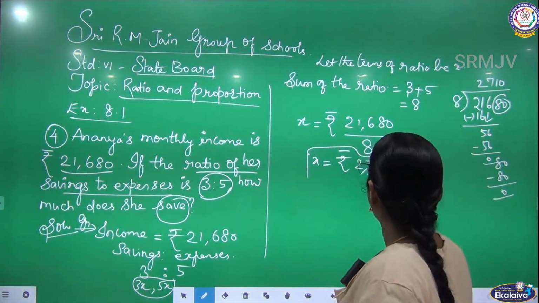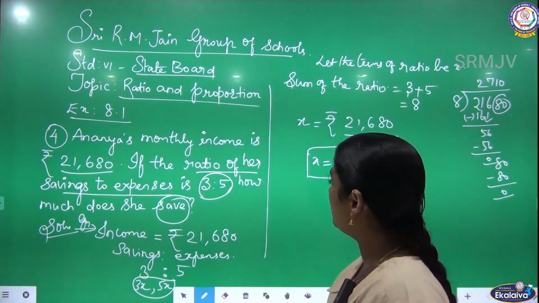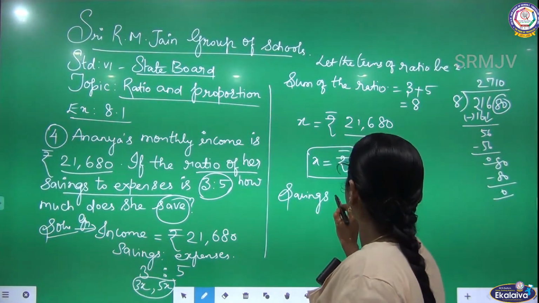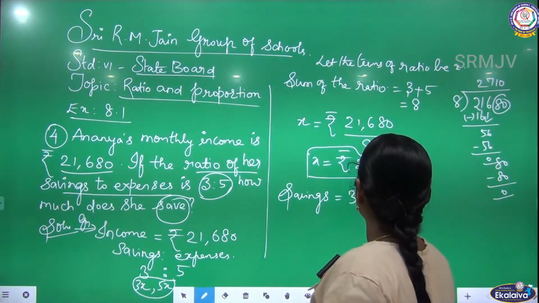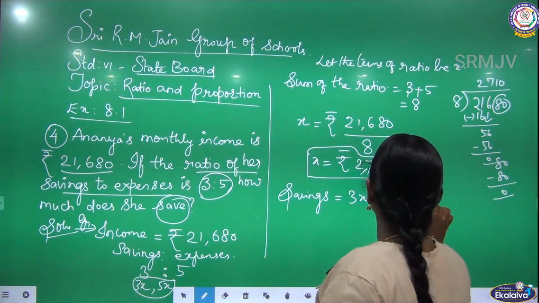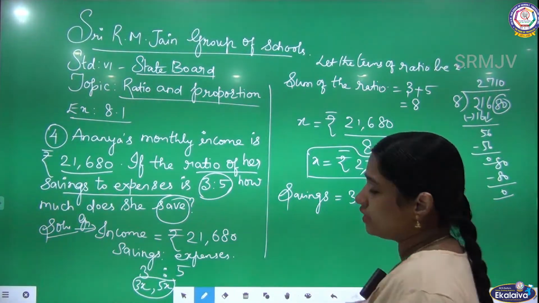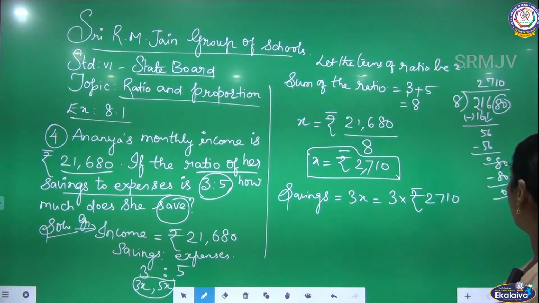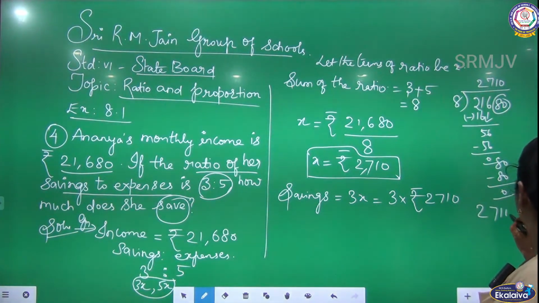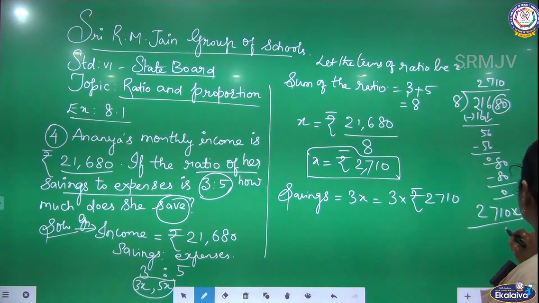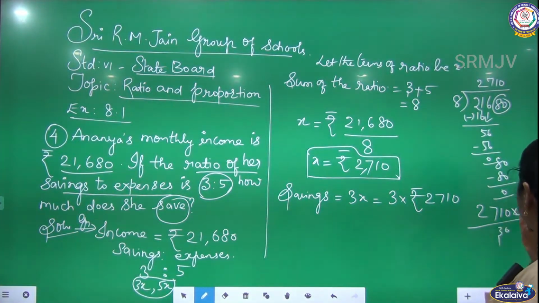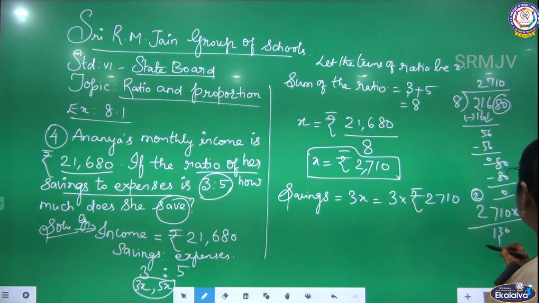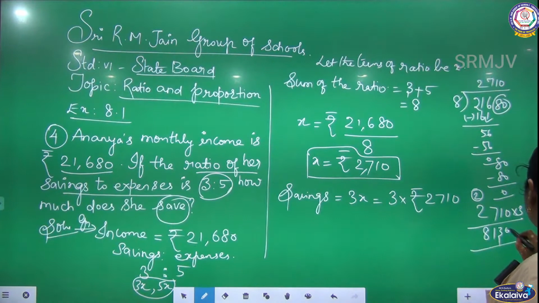See, this value I am going to substitute in 3x. Savings is 3x. So 3 into rupees 2,710. Now listen, just multiply this 2,710 into 3. 3 zeros are 0, 3 ones are 3, 3 sevens are 21, 2 carry over, 3 twos are 6, 6 plus 2 is 8.